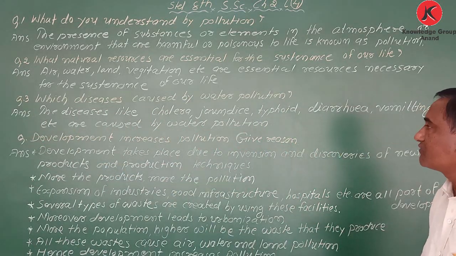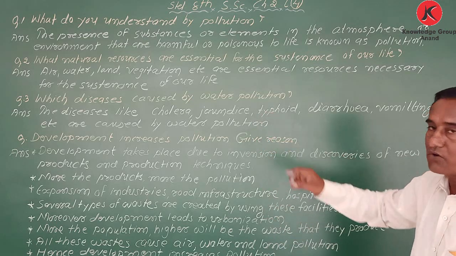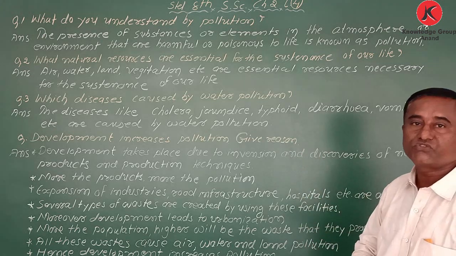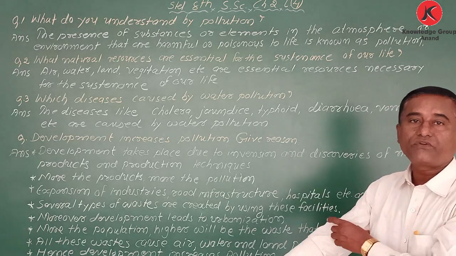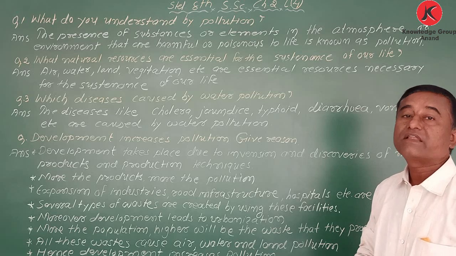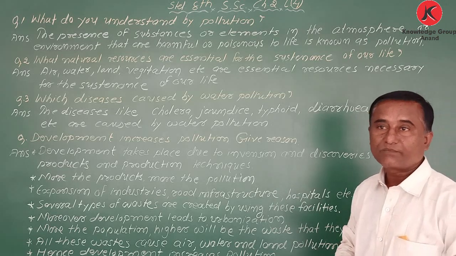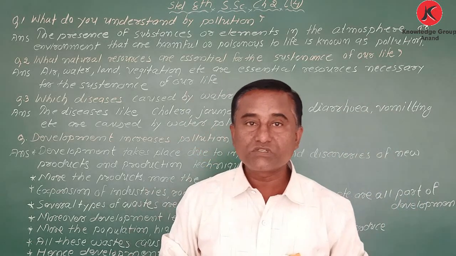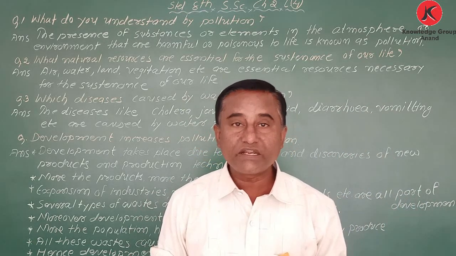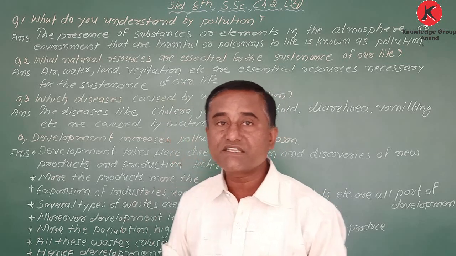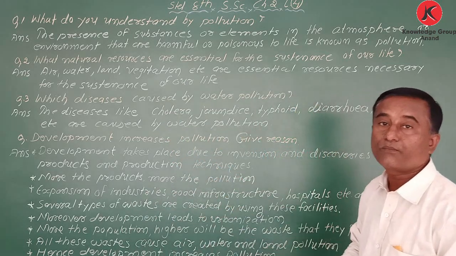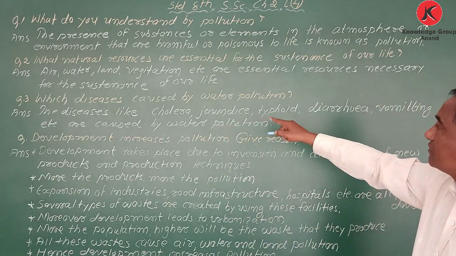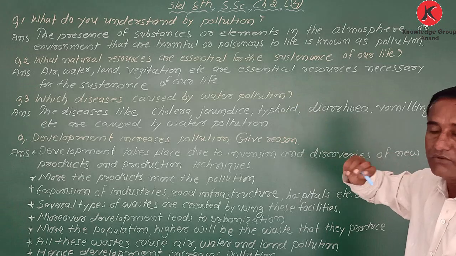Got it? Next one, which diseases are caused by water pollution? If we drink polluted water, which kind of disease do we get? Sometimes when we drink polluted water, we get loose motion, maybe typhoid, jaundice. These kinds of diseases are caused by water pollution.